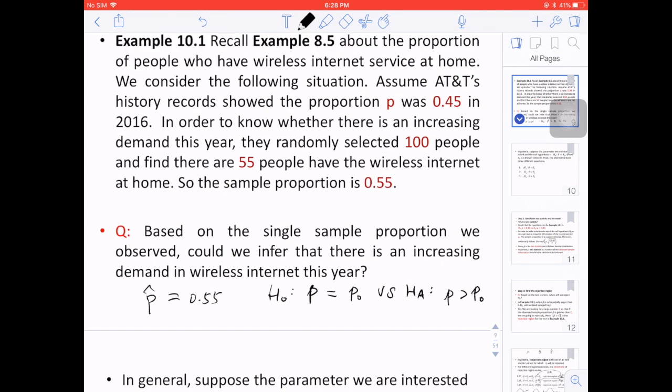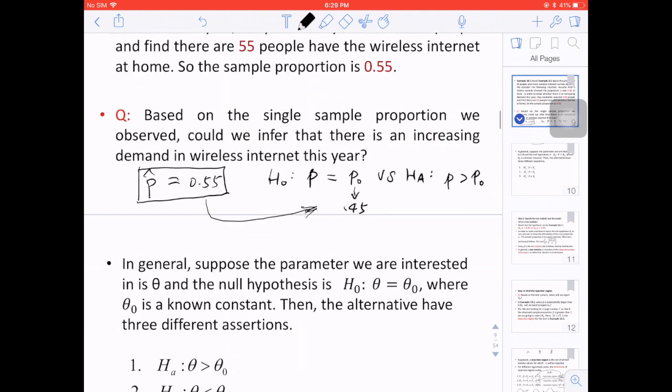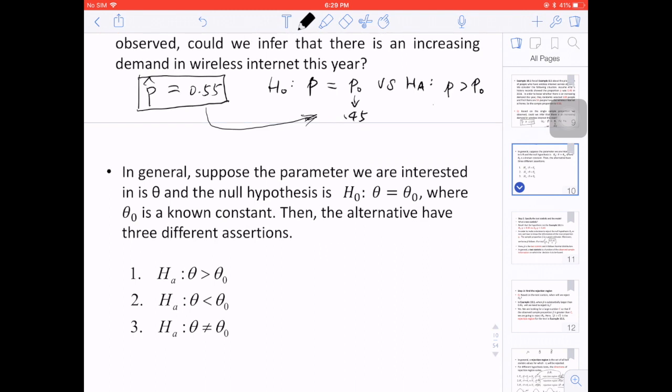Because in 2016, we know that the proportion was 45%, I'm going to set this up as the reference. So this is 0.45, and this is what we observed from the sample recently. We're going to use this p hat to find the evidence either to support H0 or HA, which means this is a one-tailed test.